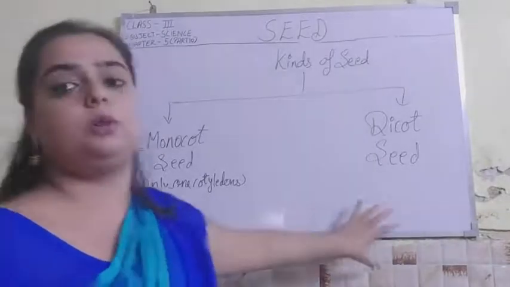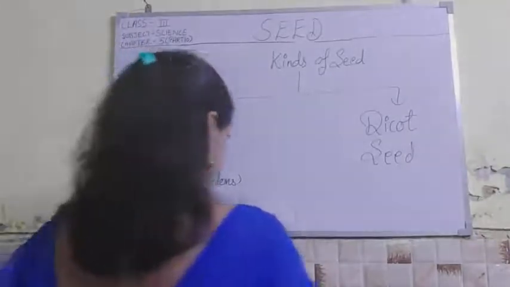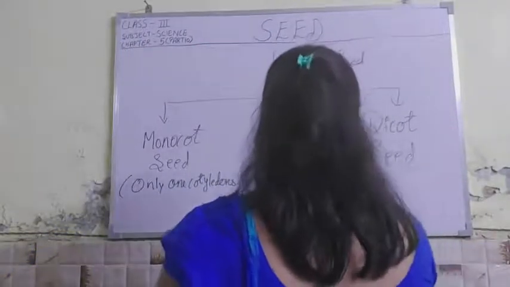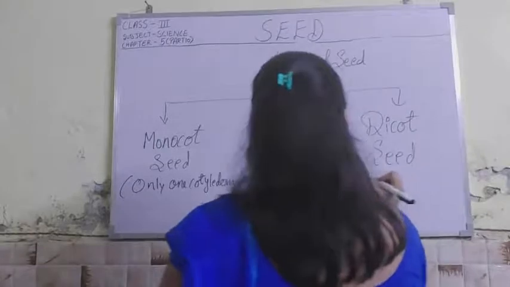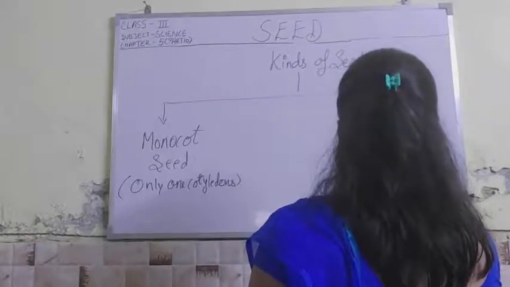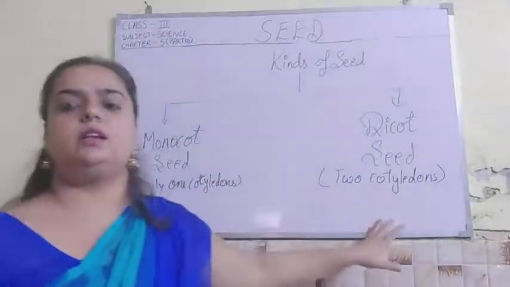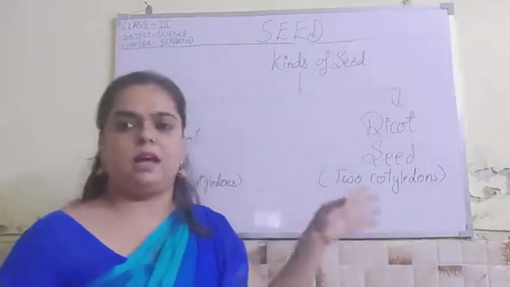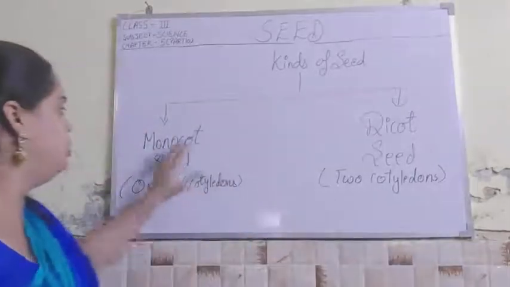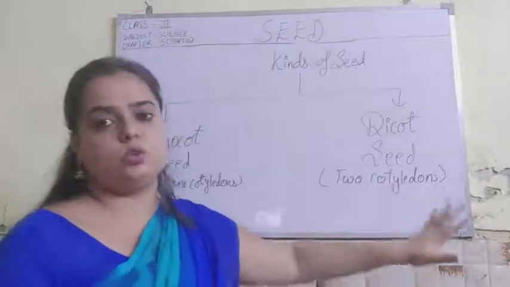And when we talk about dicot seeds, they have two cotyledons. Okay, this is the difference between a monocot seed and a dicot seed. Monocot seed has only one cotyledon and the dicot seed has two cotyledons.